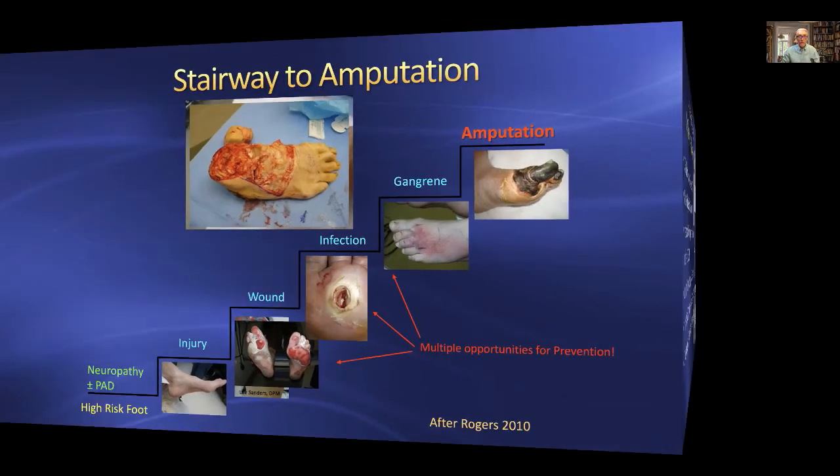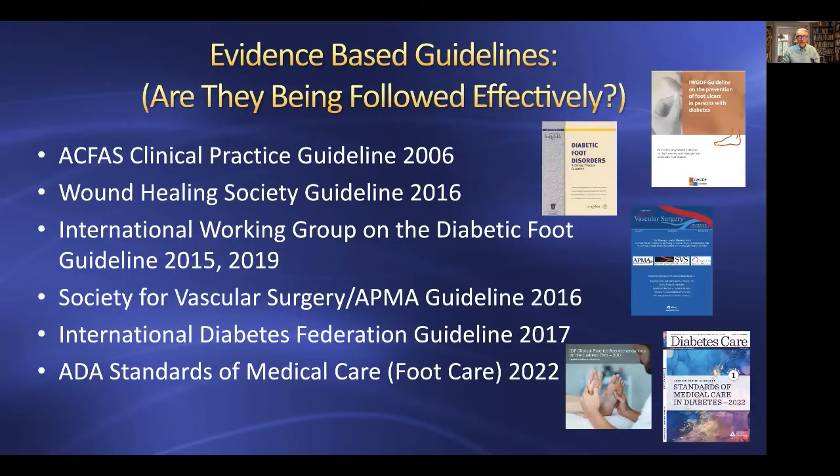So we have to recognize that there are many evidence-based guidelines in publication right now, and you can pick and choose your guideline. Most of us are looking at the International Working Group guideline published in 2019 update, but pick any one that's convenient.